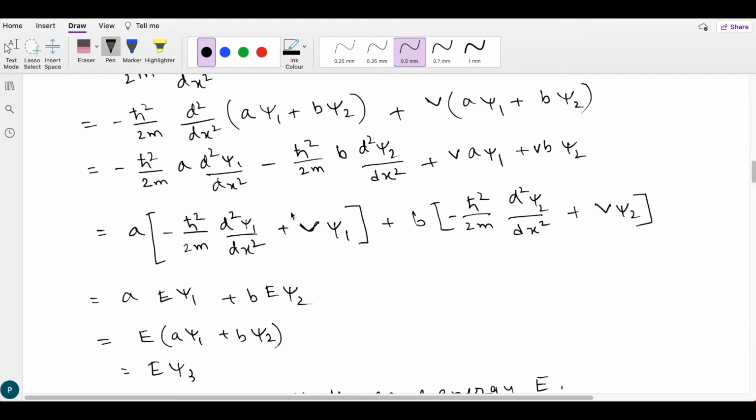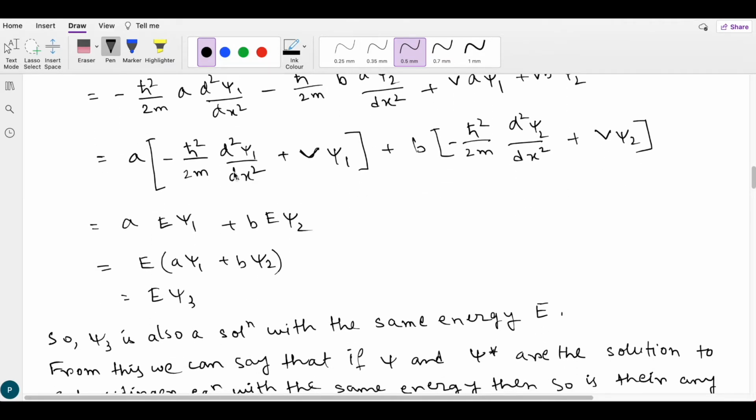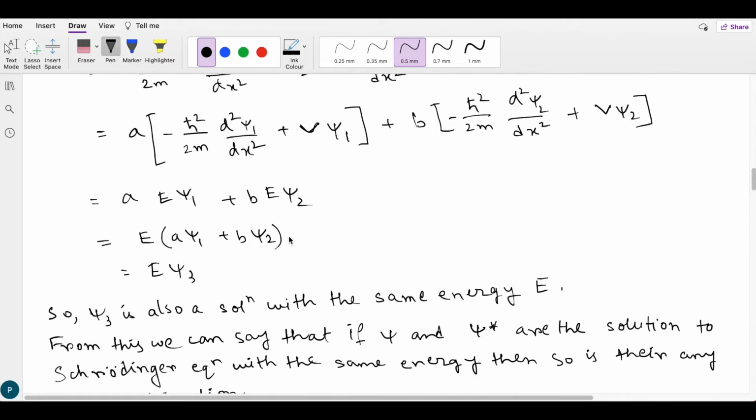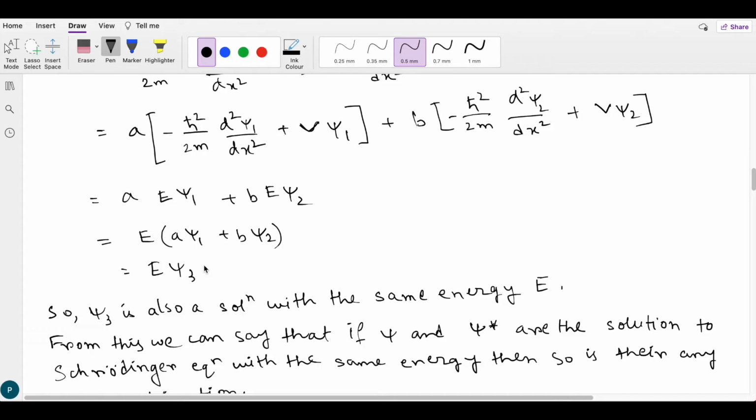Now let's collect the psi 1 terms together and psi 2 terms together, and we get the 1D Schrodinger equations in psi 1 and psi 2 separately. So they are equal to E psi 1 and E psi 2. From here we can see that this is equal to E psi 3. So psi 3 is also a solution with the same energy E.